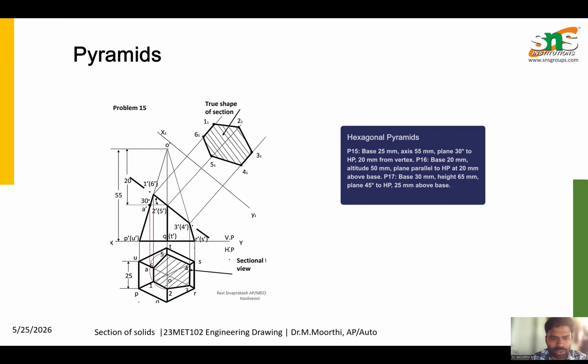The height of the pyramid is 55 millimeters, and the cutting plane cuts the axis 20 millimeters from the vertex at an angle of 30 degrees. So that is the condition.